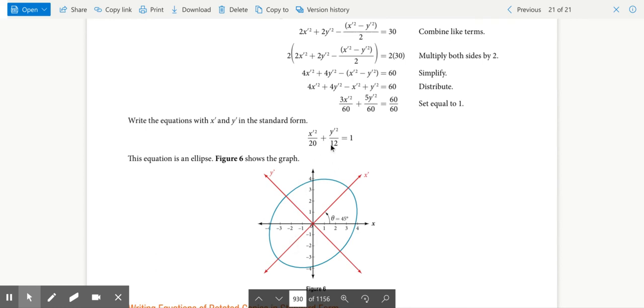So this is the equation based on these axes, not these axes, right? So this is a rotation.